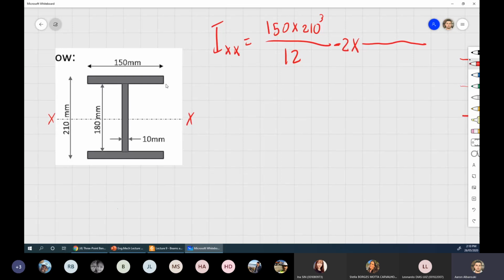The width there is 150 minus 10, 140, divided by 2 is 70. That's 70 millimeters, by 180. 70 by 180 cubed on 12. Done. That's a very simple calculation you can do.